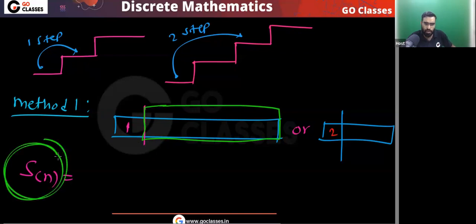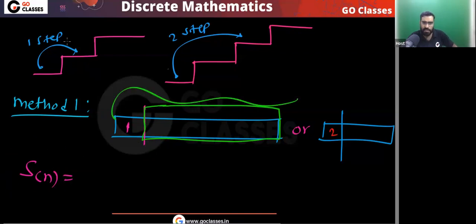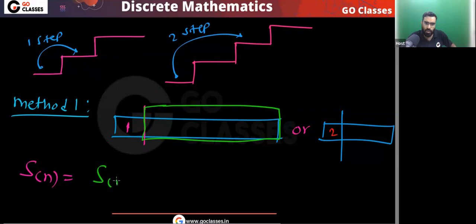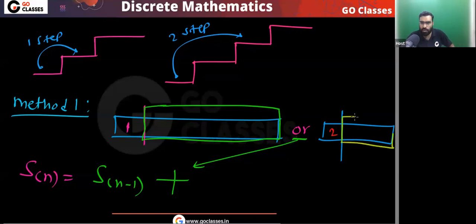So remember, the number of ways to climb n stairs will be equal to, if I start with 1, the number of ways to climb n minus 1 stairs, or, if I start with 2 steps in the beginning, then I need to climb n minus 2 stairs.